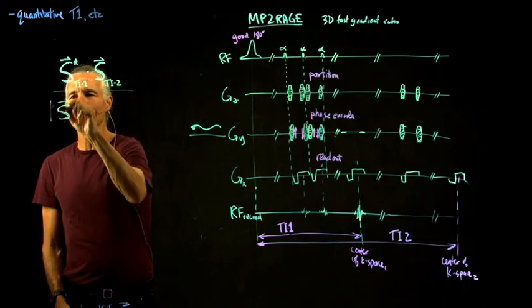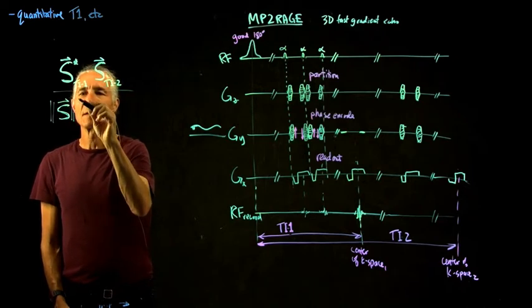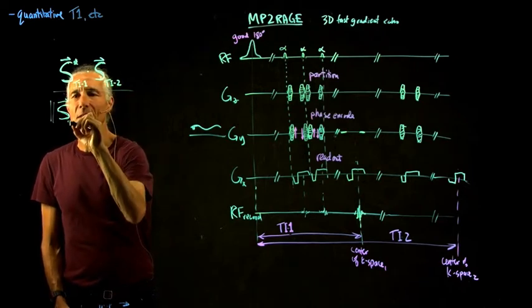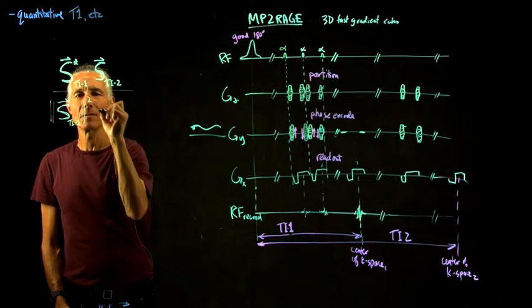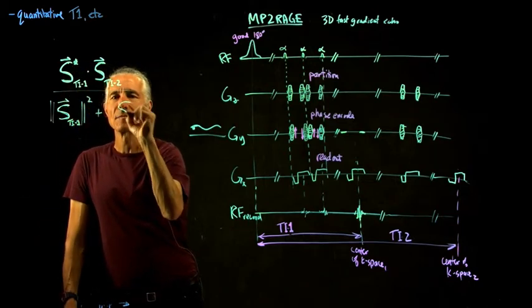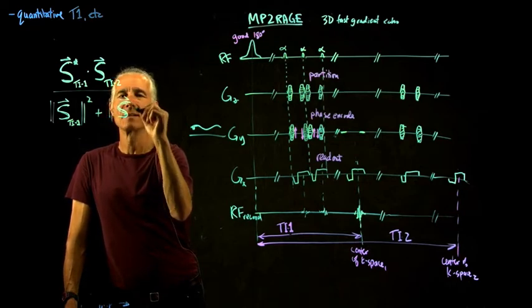So I take the amplitude of TI1 squared plus the amplitude of the second signal, TI2 squared.